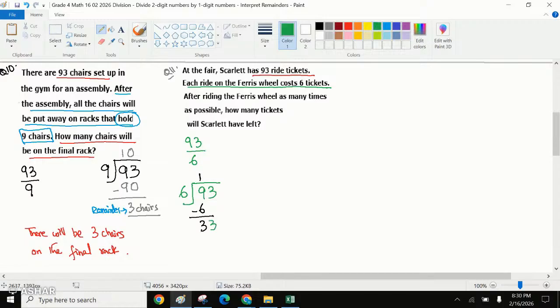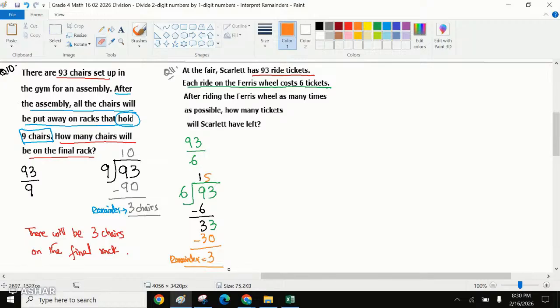And we bring down the 3. In the table of 6, can we find a number closer to 33? 6 times 1 is 6, 6 times 2 is 12, times 3 is 18, times 4 is 24, times 5 is 30. But times 6 would be 36. We cannot move ahead. So we say 6 times 5 is 30, and we are left with 3 as a remainder. Agreed?